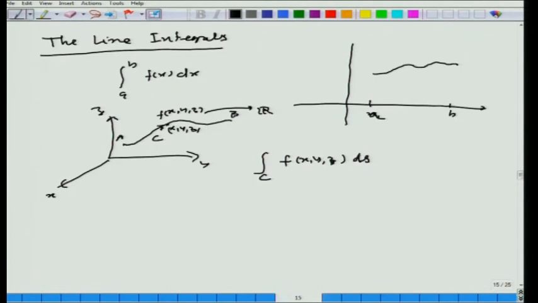S denotes the arc length, the distance from a fixed point to a movable point. Let us say point A is fixed. The arc length S is the length of this curve from A to P, so as P moves along the curve, S increases.